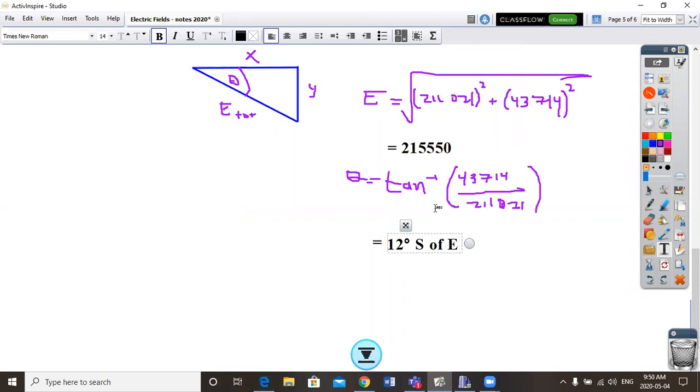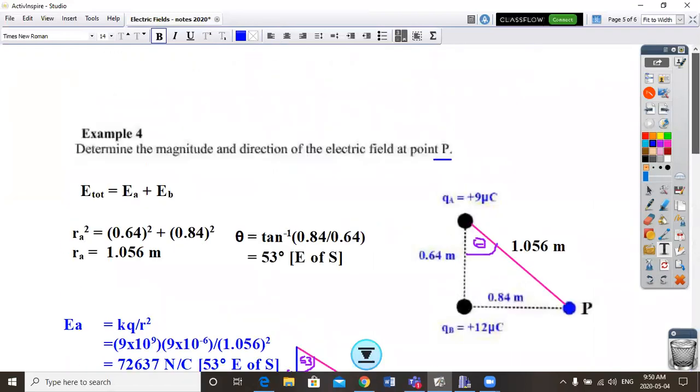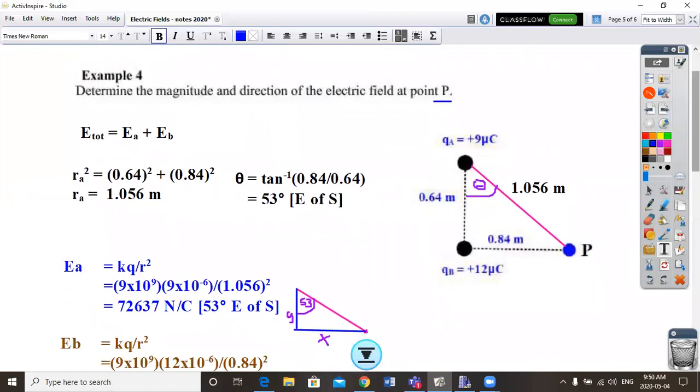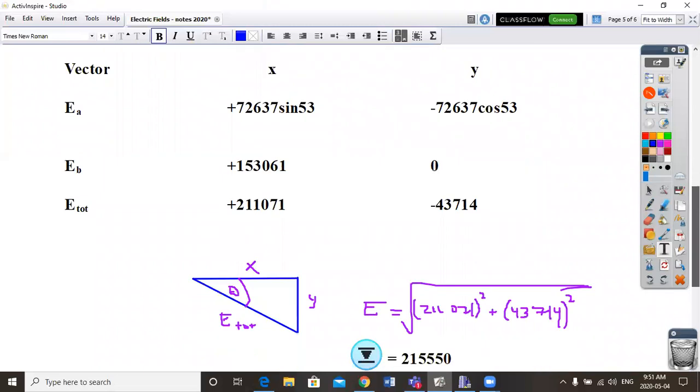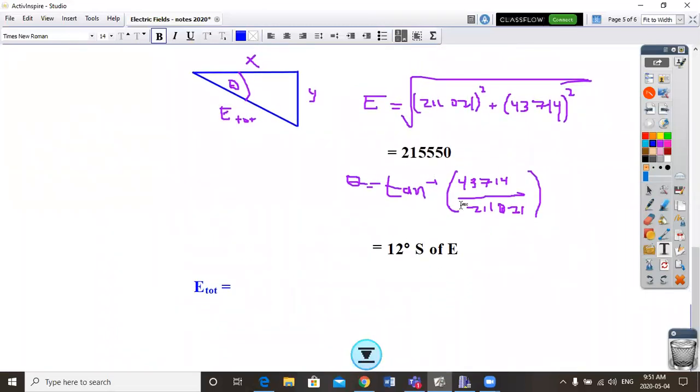Okay. So our final answer then, the total electric field at this point, due to charge A and B, we'll look at our sig figs. We need one sig fig. So it would be 200,000 for rounding the two.